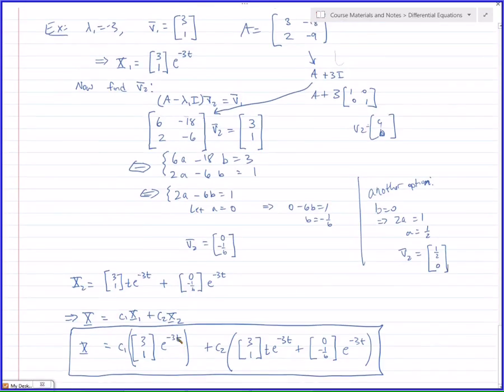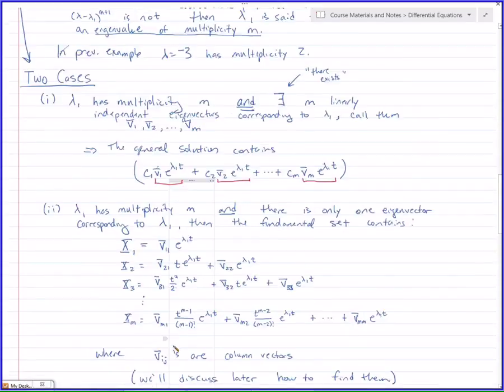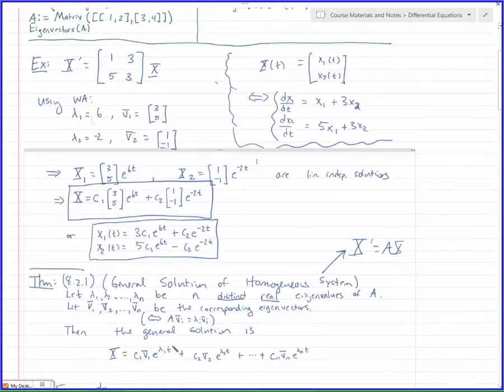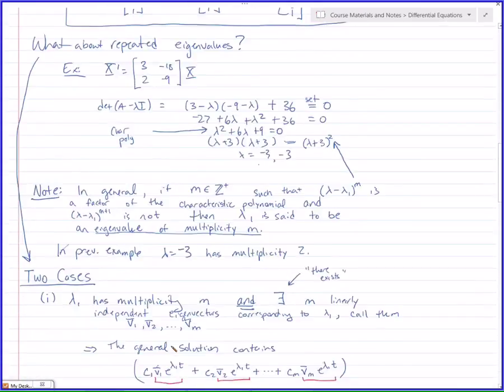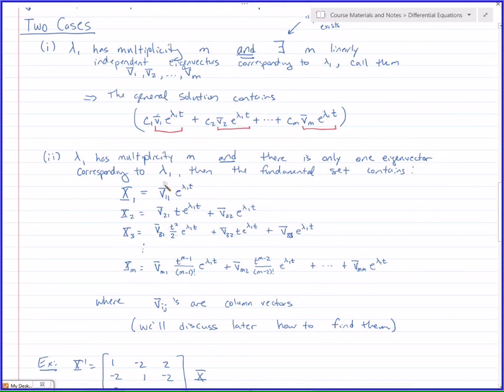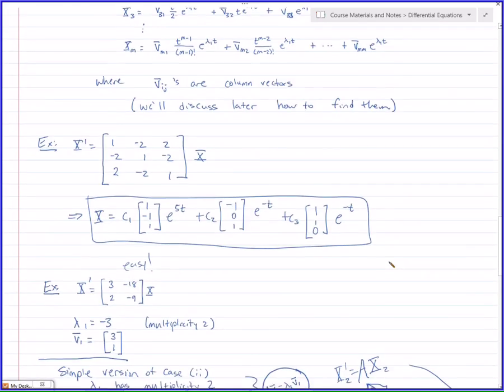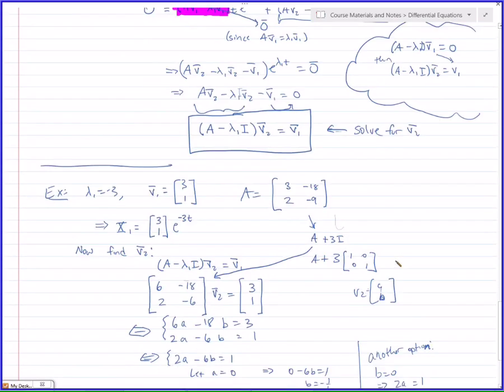So like up here in case 2, it's going to give you all of these that you need straight out of Wolfram Alpha, which is what Maple doesn't do, and it doesn't do corresponding generalized eigenvectors very easily anyways.